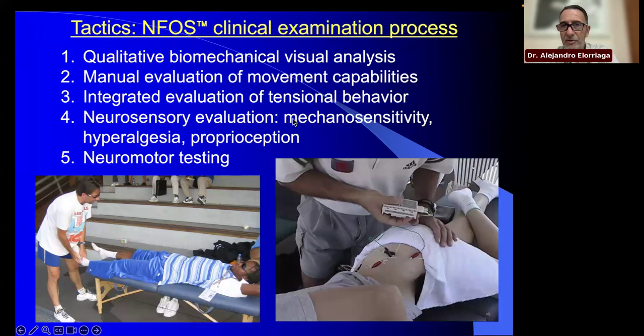So that is the neurofunctional operating system in which you analyze, and this is what I presented in the last lecture, number 5: qualitative biomechanical visual analysis, then a manual evaluation of movement capabilities, an integrated evaluation of tensional behavior, neurosensory evaluation, so determine which nerves are sensitized, and whether that sensitization is qualitative or quantitative. Is there hyperalgesia or allodynia?